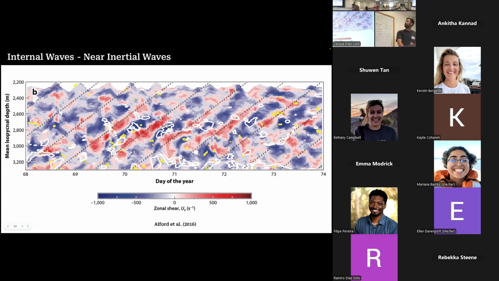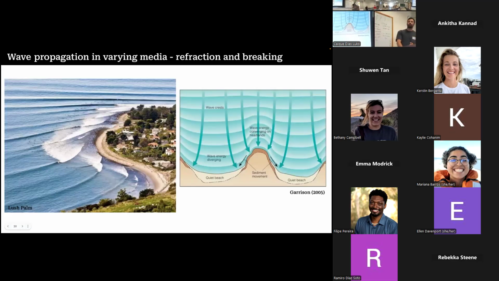Okay, but how do these waves actually break? I bet there are a bunch of surfers here. A classical example is that for surface gravity waves, their phase speed and group velocity depend on the depth of the ocean. So offshore, we have all these waves with similar properties, similar wavelength.